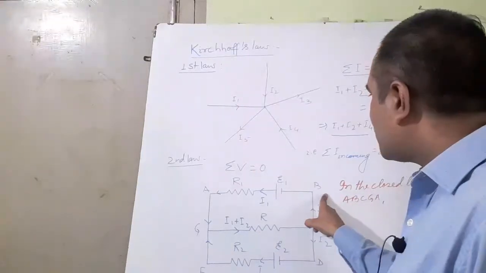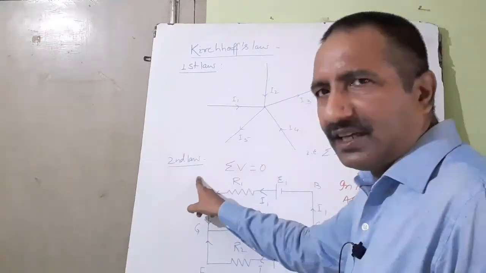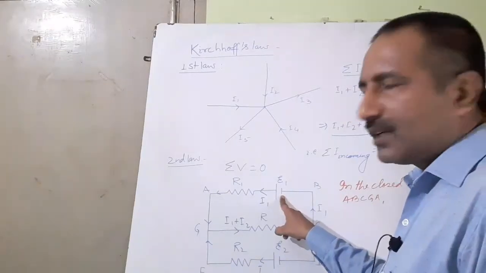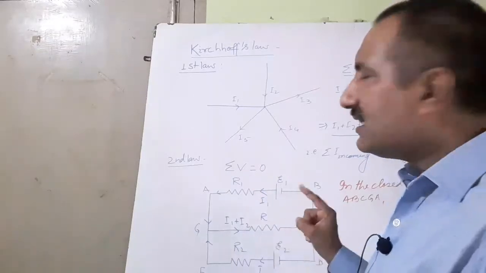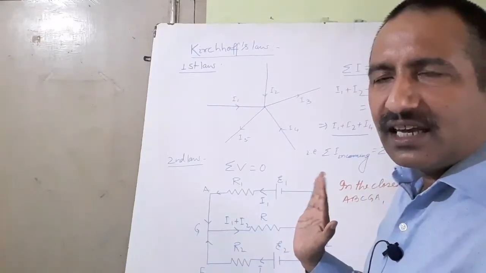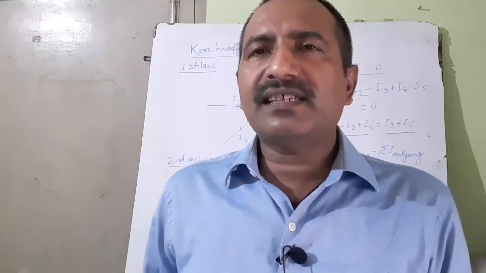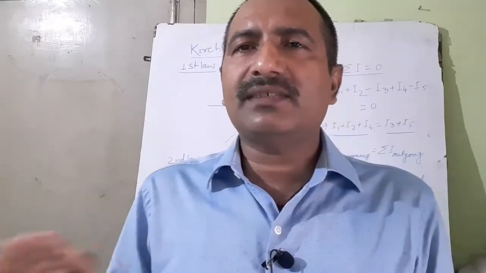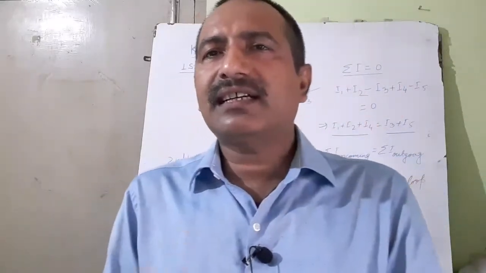If you take the loop like B, A, G, C, B, then BA, you are moving from B to A and you have negative terminal to the positive terminal, means first you face the negative terminal. In that situation, E1 is taken as negative. Got it? Means along negative to positive terminal, potential difference is taken as negative, and positive to negative terminal, potential difference is taken as positive. Got it? This is my suggestion to have convention.